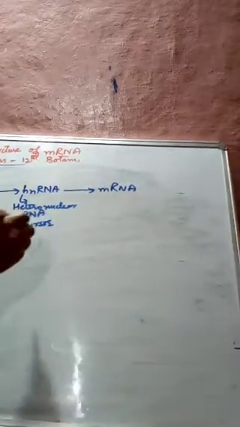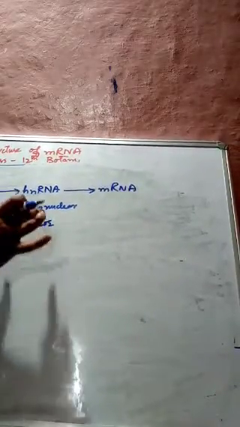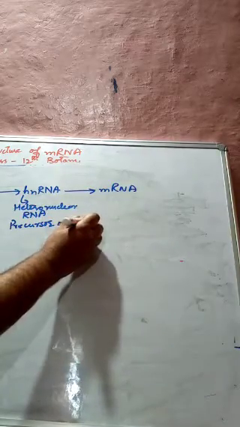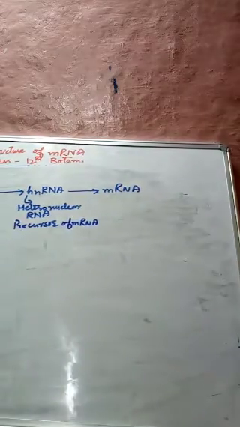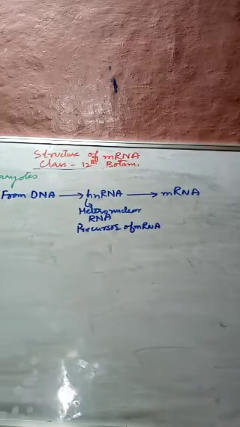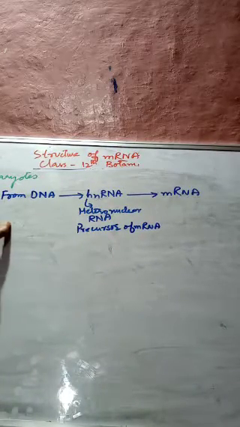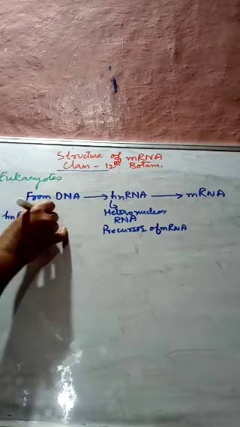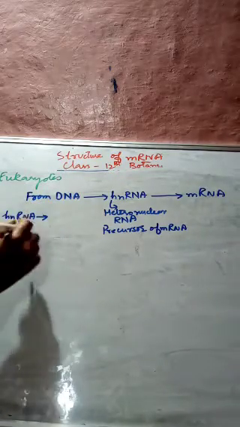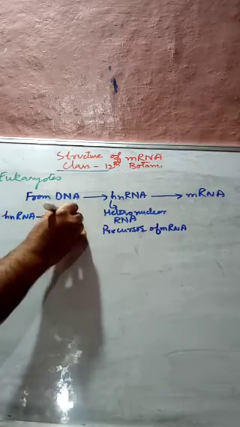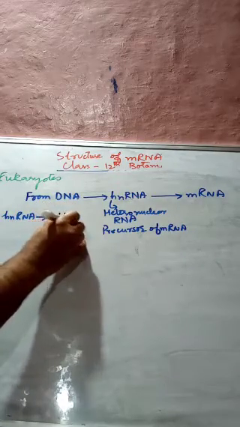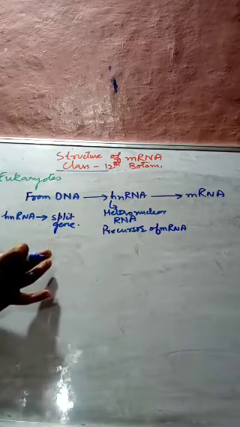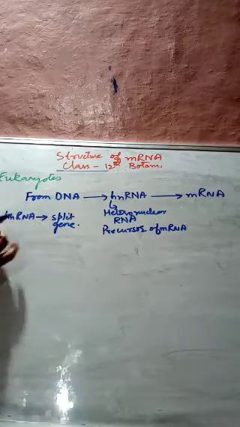It is called the precursor for mRNA. Now this HnRNA represents a split gene.